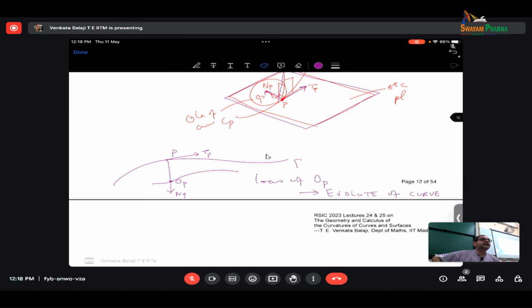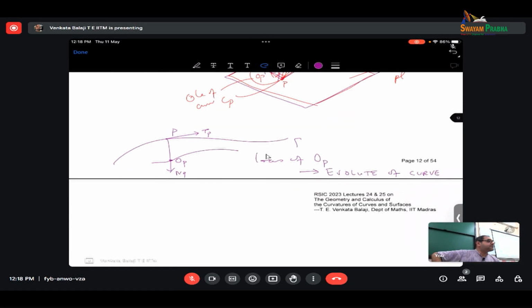And what geometry tells us is that this evolute of the curve is actually the envelope of the normals. What you must understand is how you get the center of curvature.